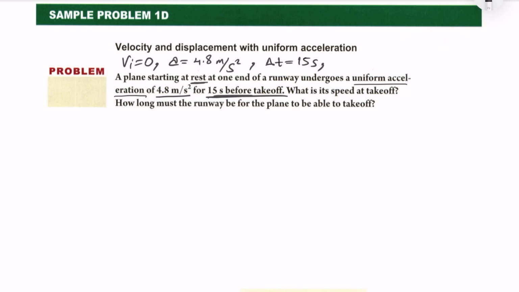What is its speed at takeoff? So it's asking, that means what is v final? And we have another question, the second question: how long must the runway be for the plane to be able to take off?